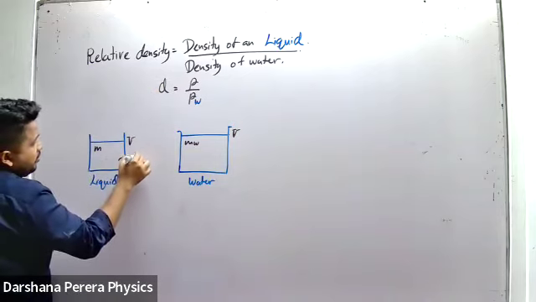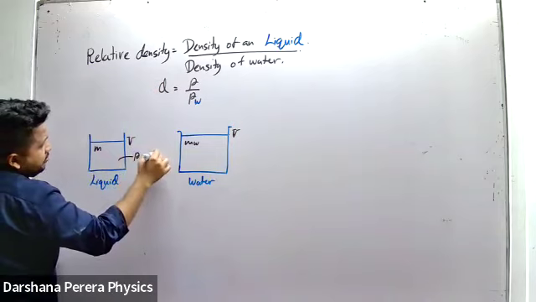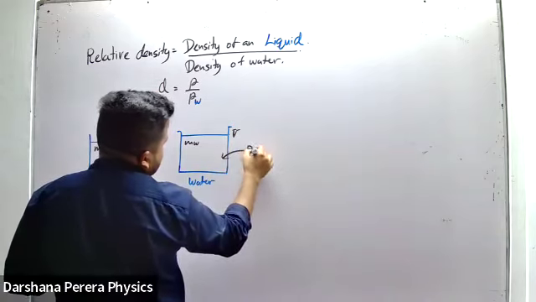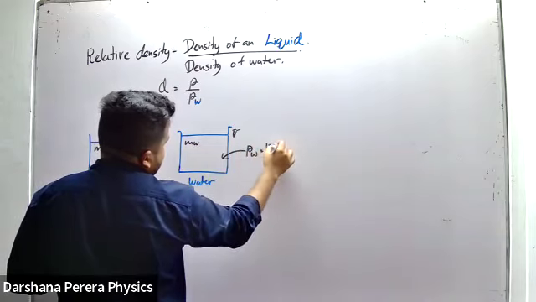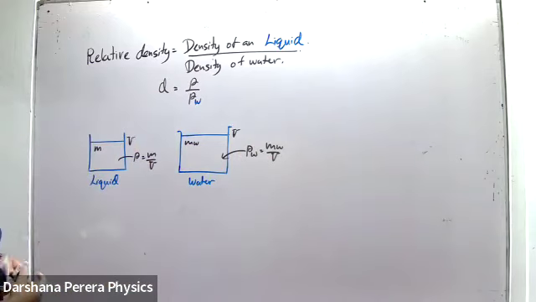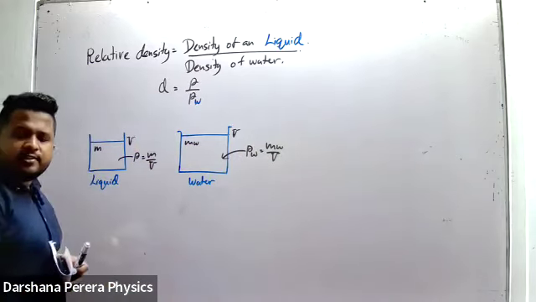Rho equals what? M over V. Rho W equals what? MW over V. That means we are considering the same volumes and taking the masses.